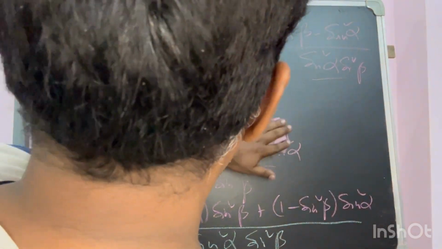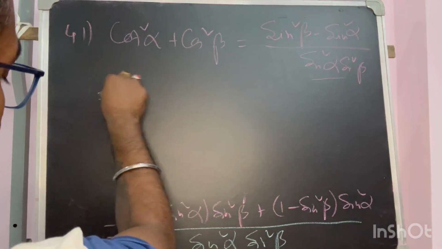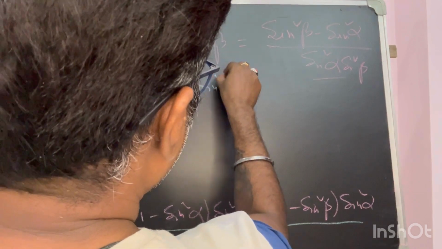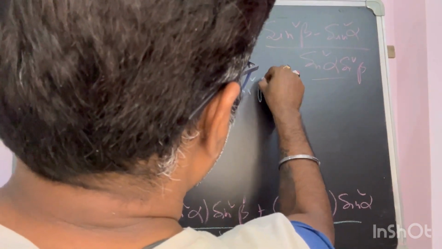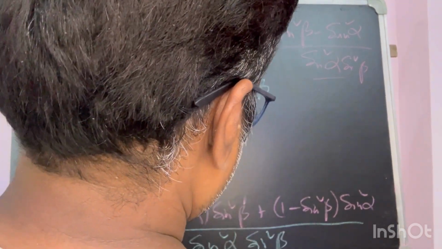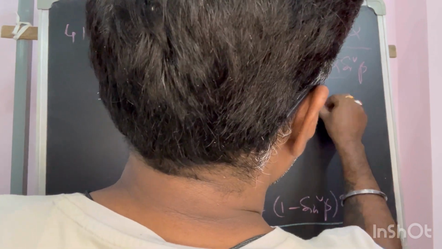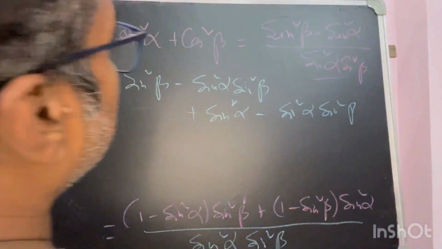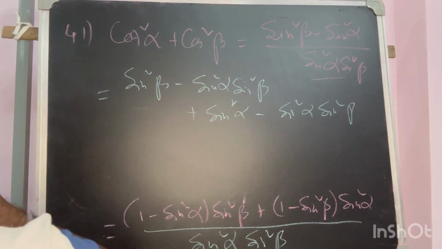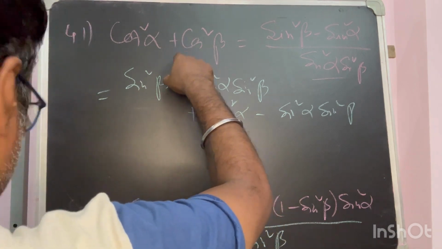Now if I multiply it, I will get sine square beta minus sine square alpha sine square beta plus sine square alpha minus sine square alpha sine square beta. That is plus is given.